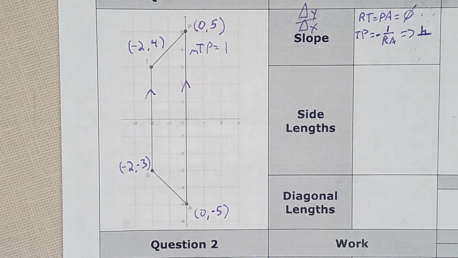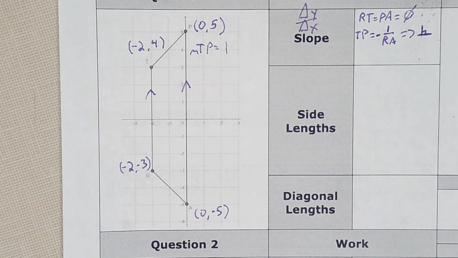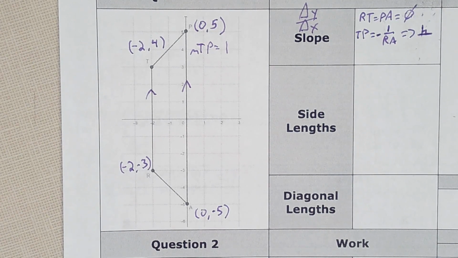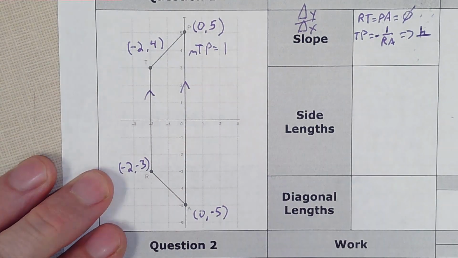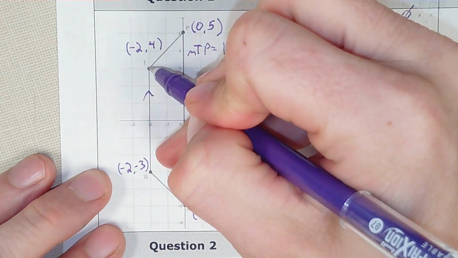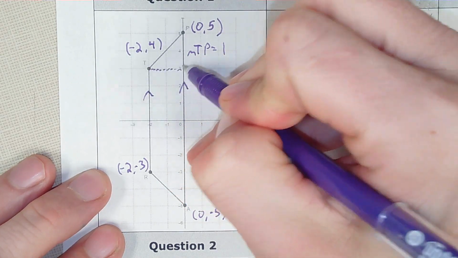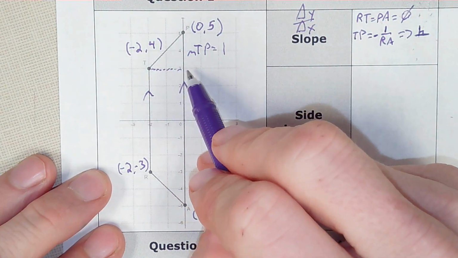All right, so what about the side lengths? What are the lengths of these sides? Well, my change in x is 2.